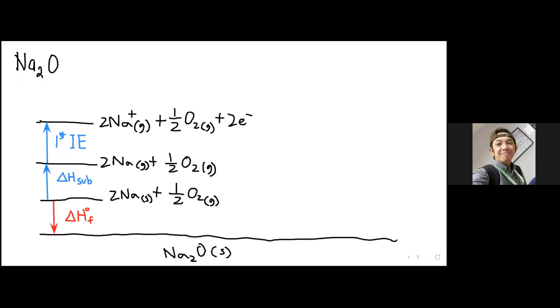Ionization energy is the amount of energy required to remove an electron from a gaseous atom. You now form your cation. So you may now continue your diagram.